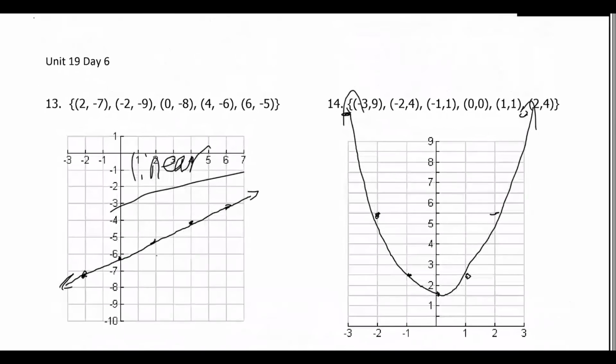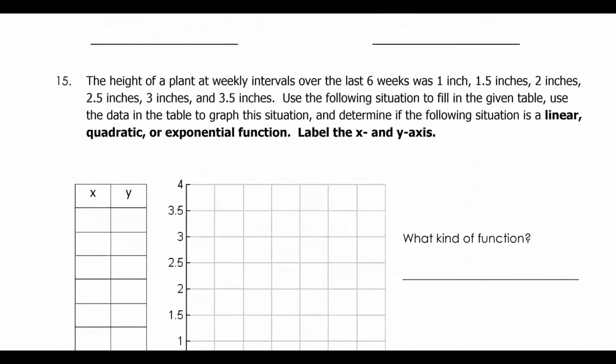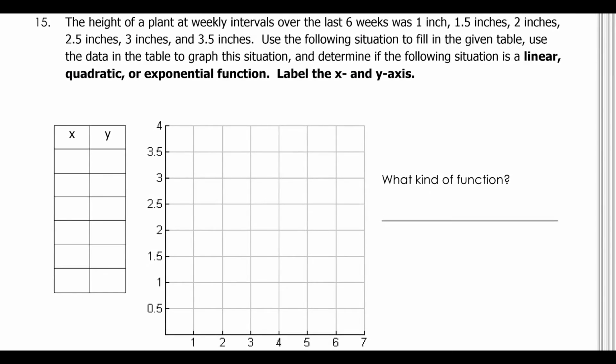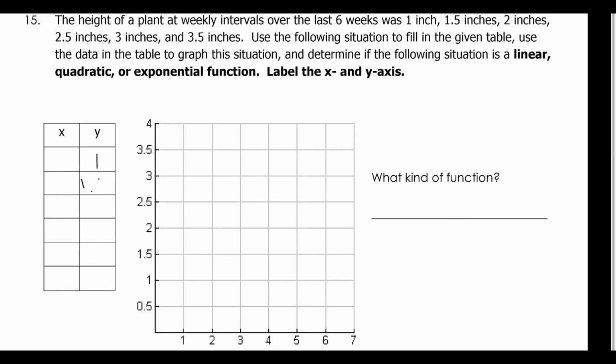Let's see if I can get that line back up. Alright, so it says that the height of a plant at weekly intervals over the last 6 weeks was 1 inch, 1.5 inches, 2 inches, 2.5, 3, 3.5.